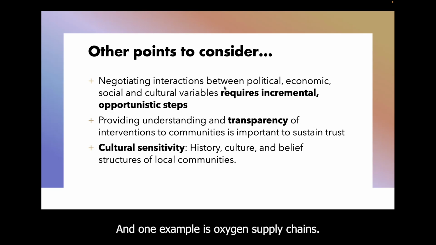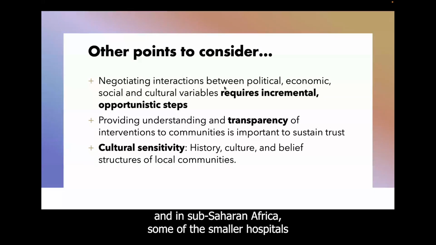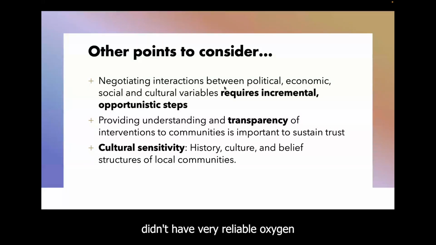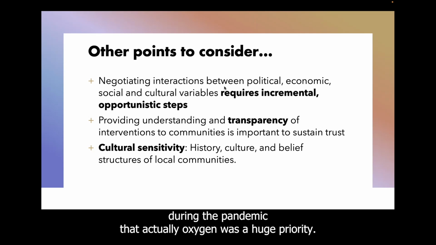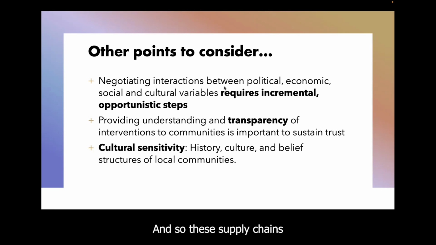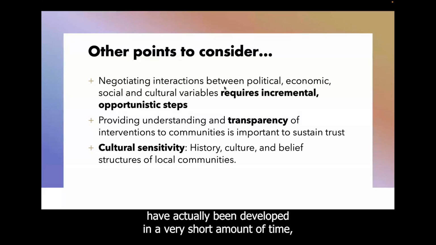And one example is oxygen supply chains. So previously in rural India and in sub-Saharan Africa, some of the smaller hospitals didn't have very reliable oxygen delivery services or supply chains. But it became really apparent during the pandemic that actually oxygen was a huge priority. And so these supply chains have actually been developed in a very short amount of time.